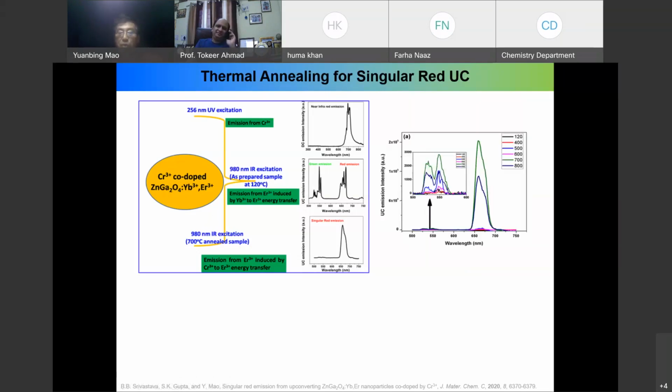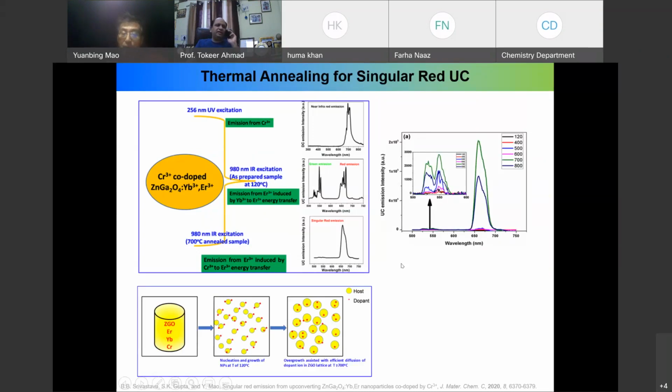So it also depends on the annealing temperature. The ratio of these peaks also varies, and we found that 700 degrees Celsius is the optimal annealing temperature, right? So our proposal is that when we just synthesize these nanoparticles, the dopants are not uniformly doped into the nanoparticles, and most likely the dopants will stay on the surface.